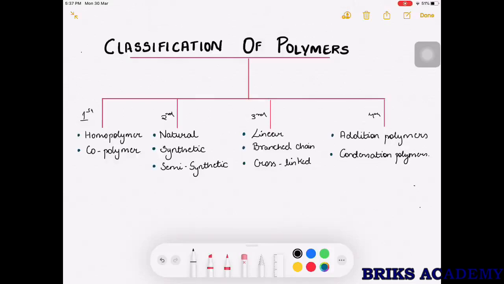These are the polymers in which monomers are attached or linked together to form straight, long and linear chains.